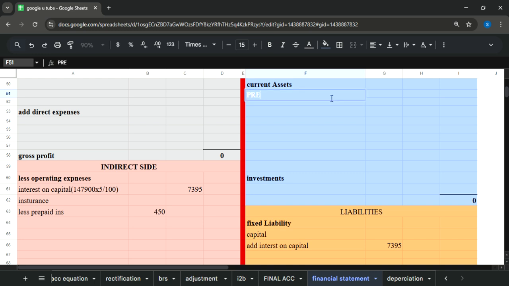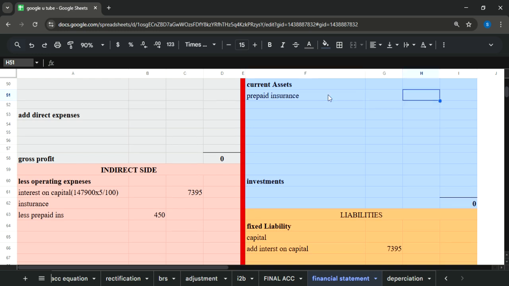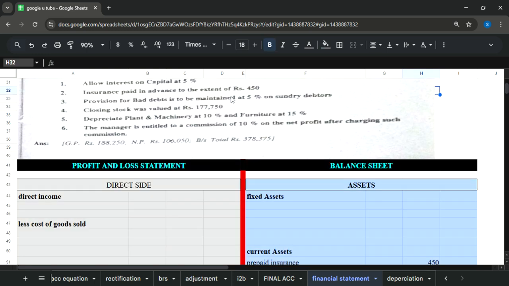For the second effect, here you will write prepaid insurance, and you will mention the amount, that is 450. Alright guys, two adjustments have been completed, interest on capital and prepaid insurance.